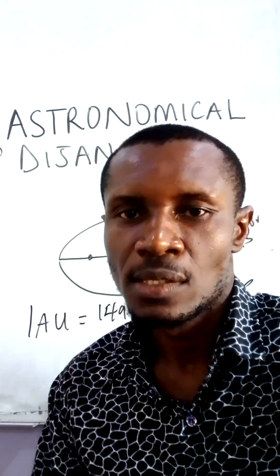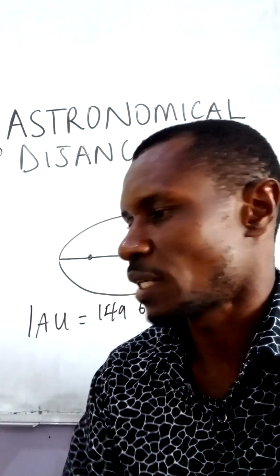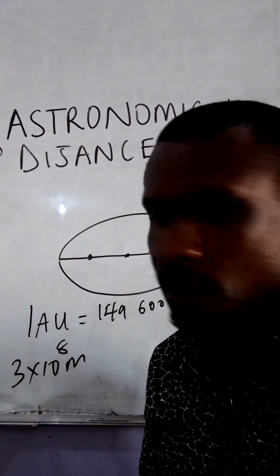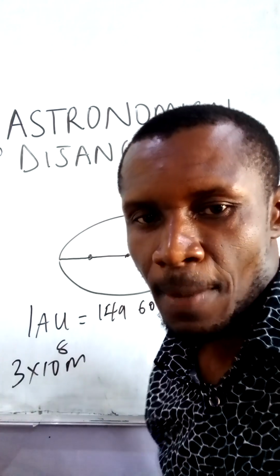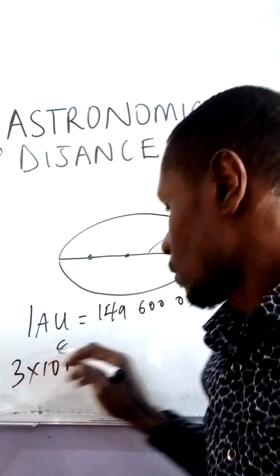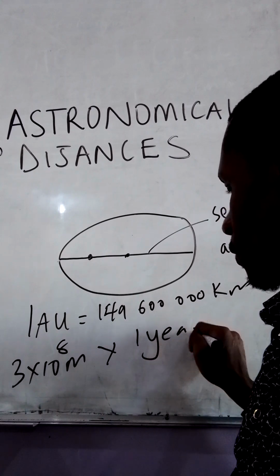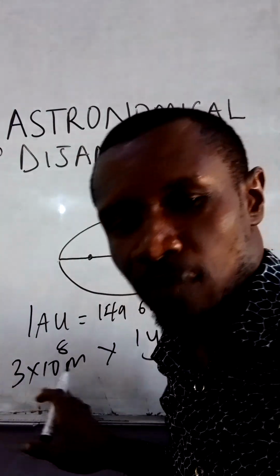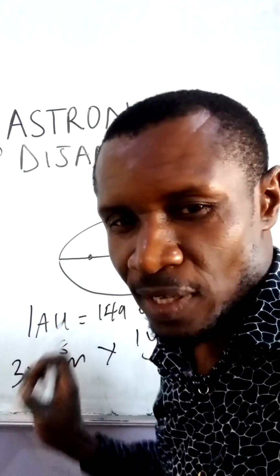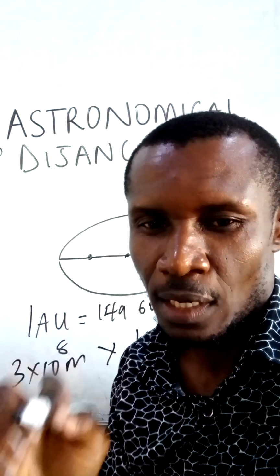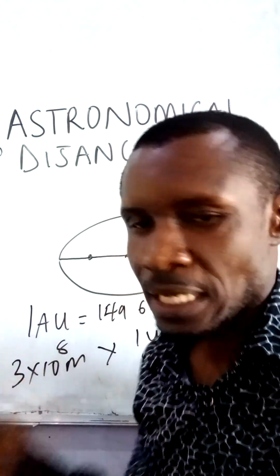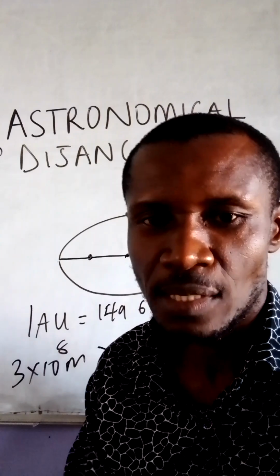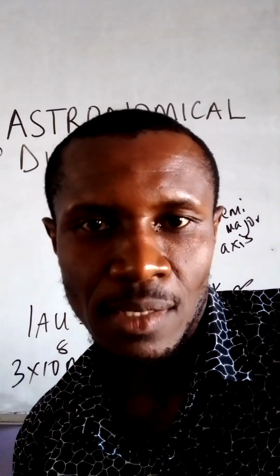Since we know that the speed of light in vacuum is 3 times 10 raised to the power 8 meters per second, when we multiply this speed of light by a time corresponding to 1 year, converted to seconds, it gives us the distance of 1 light year. And that is approximately equal to 9.46 times 10 raised to the power 15 meters.